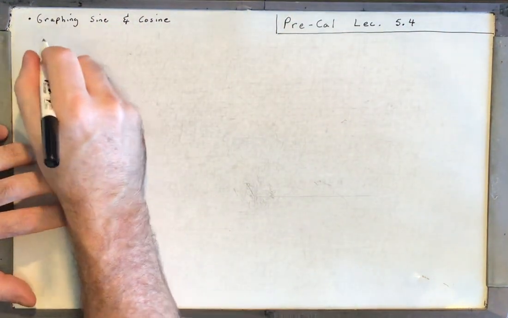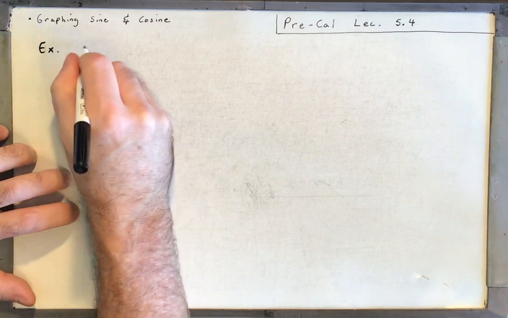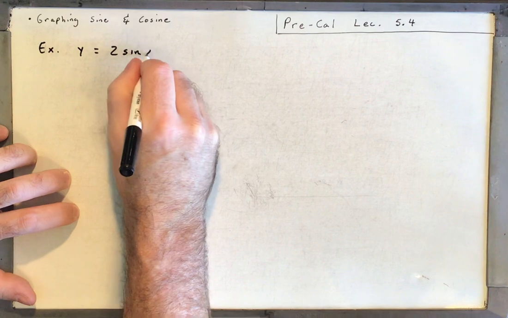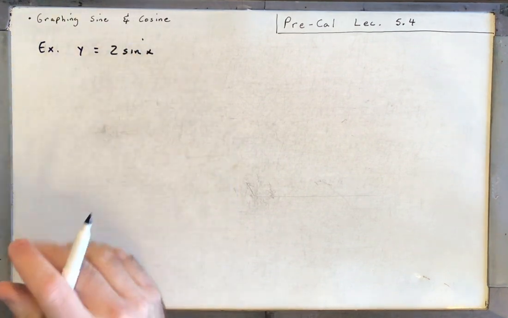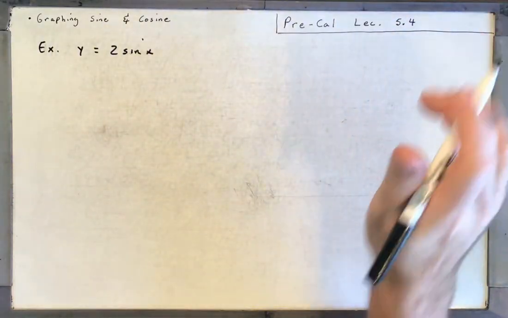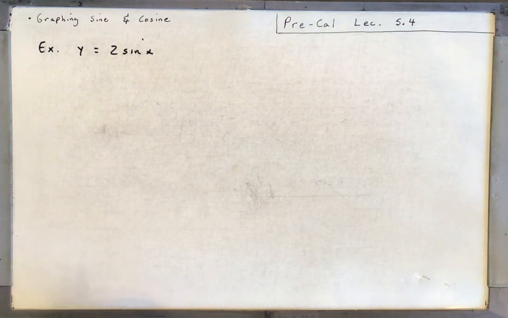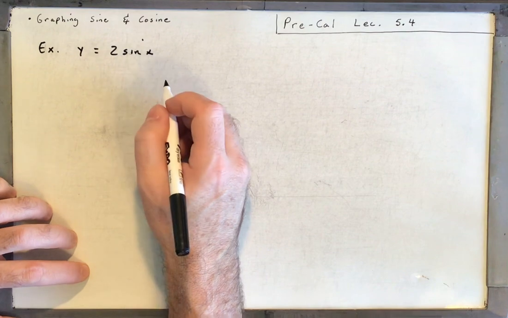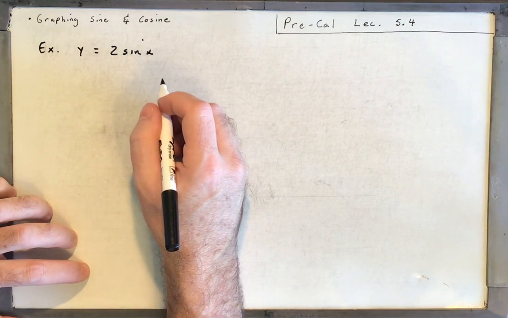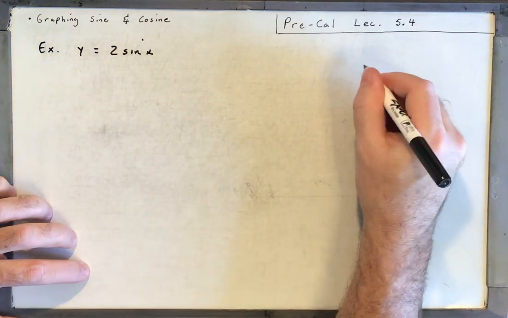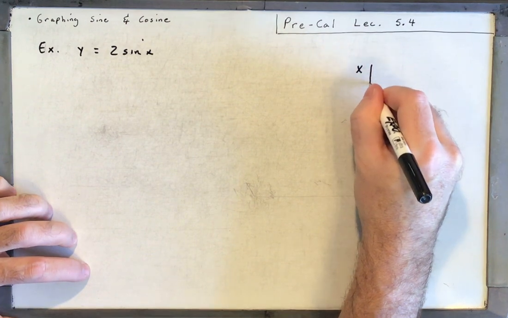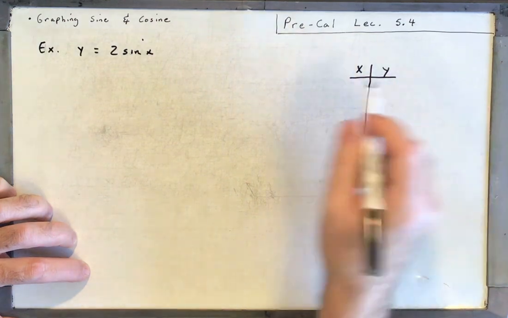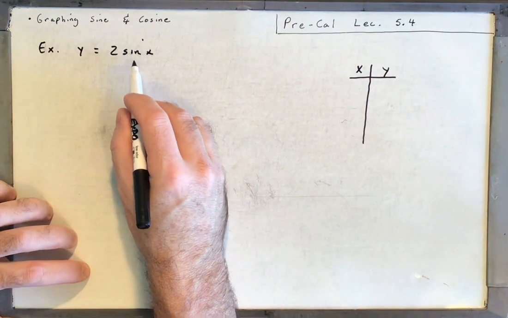So the first one is y is equal to 2 sine x. Okay. So the way that I figure out what are going to be my x values that I'm going to plot is I'm going to take the period and divide it into fourths.